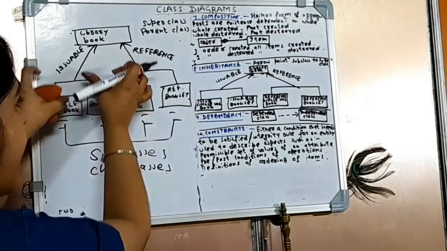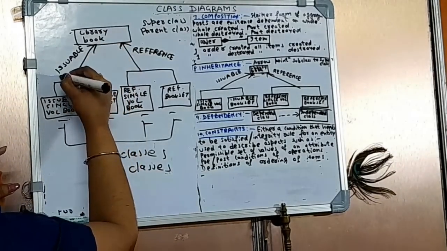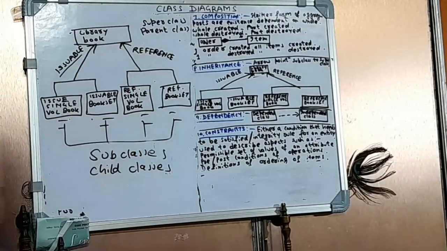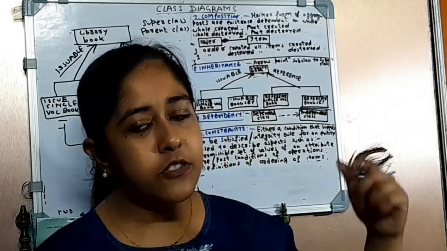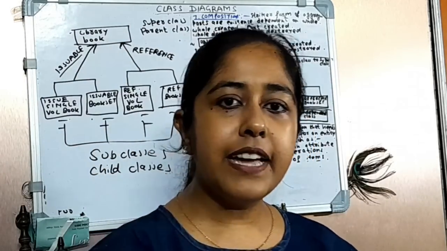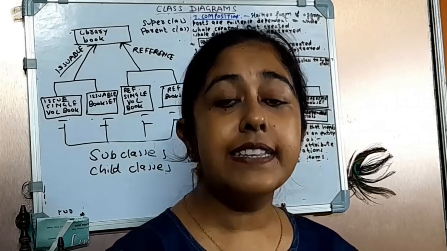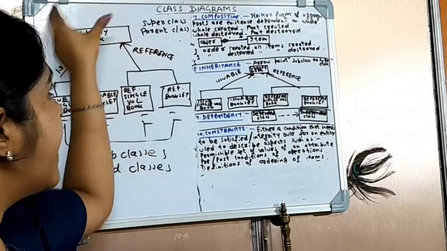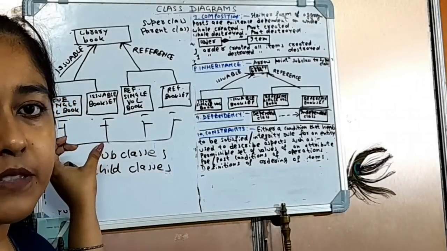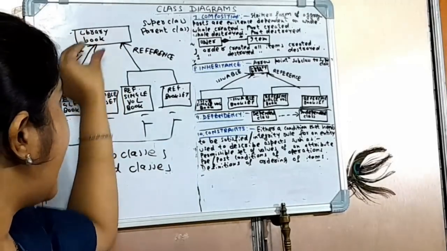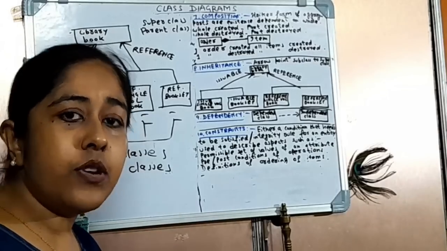Now what are they going to inherit? They are inheriting everything from the library book, that is issuable. So they are inheriting the character of the superclass. Single book, book set: this is the main class, and they are going to inherit the details from it. So the library book can be a single book or a book set for the issuable one.